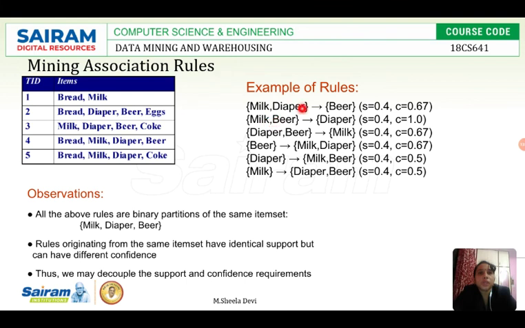And if you take this milk, diaper, beer, here support is the same but confidence is different. That's the observation made here. If the same items are there, support will always be the same and confidence may or may not be the same. Thus we may decouple the support and confidence requirements.